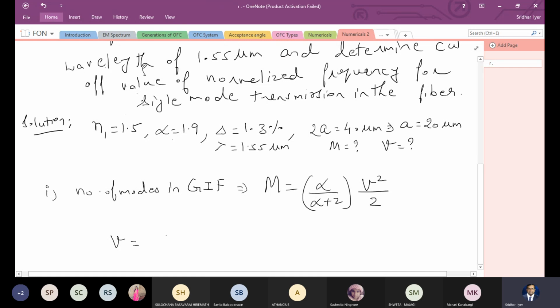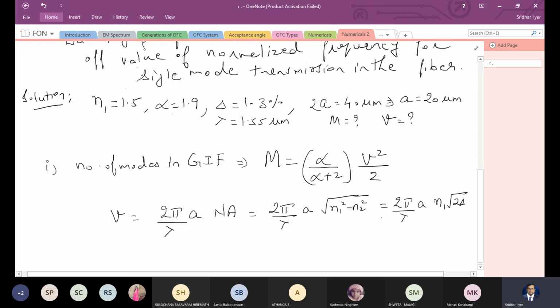The V number is given as 2 pi by lambda into A into NA. However, we are not given the value of NA, so I can write this as 2 pi by lambda into A, where NA is root of n1 square minus n2 square. However, I am not given the value of n2. Therefore, another form of the V number equation is 2 pi by lambda into A, and I can write root of n1 square minus n2 square in the form of delta as n1 root 2 delta.